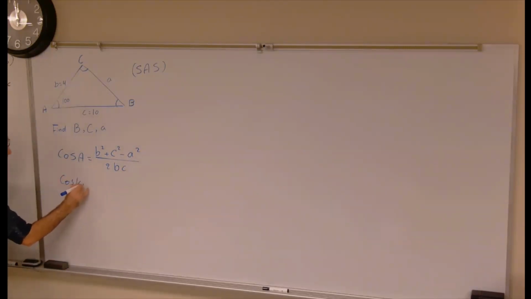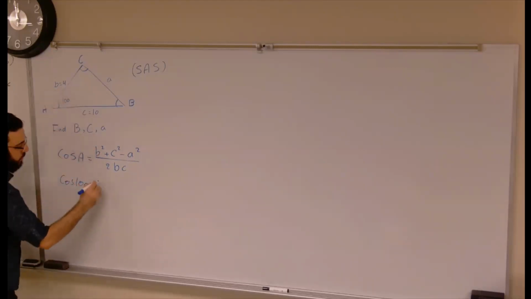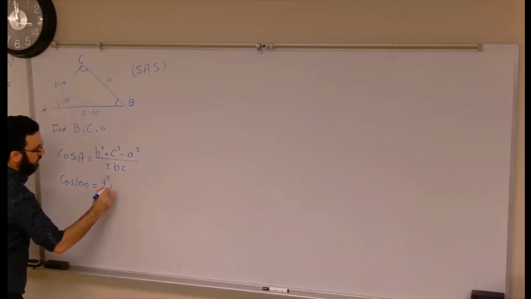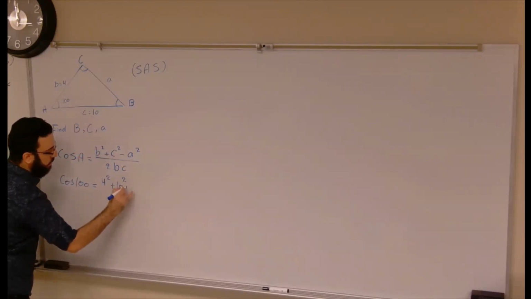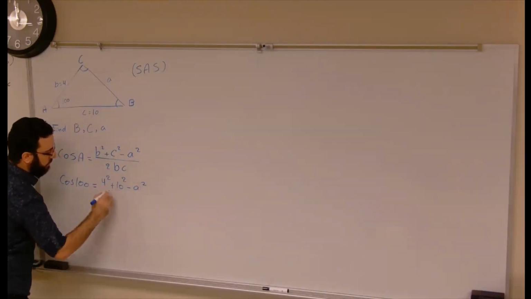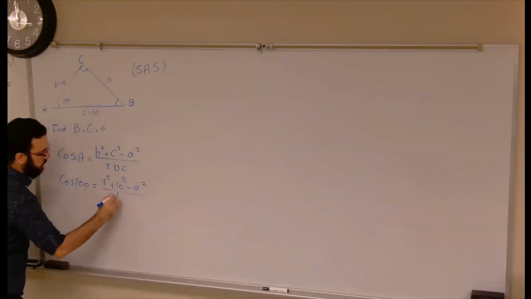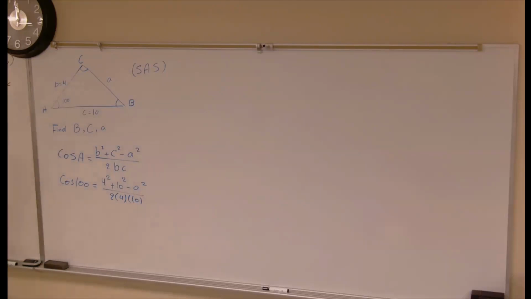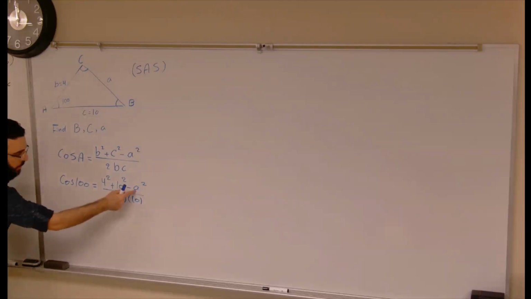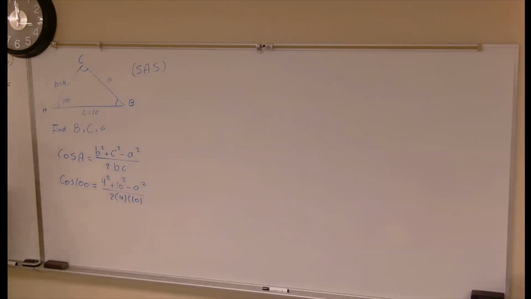Cosine 100 is going to be b squared, which is 4 squared, plus c squared, which is 10 squared, minus a squared, divided by 2 times 4 times 10. Our goal is to find a.